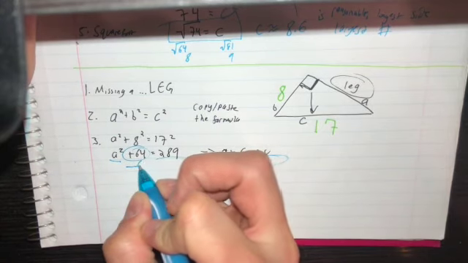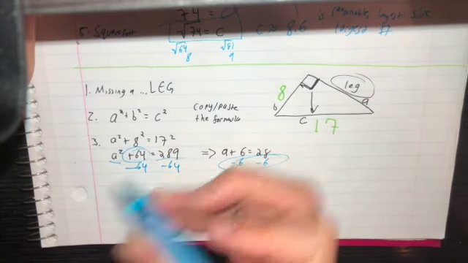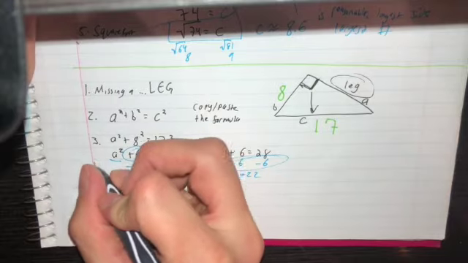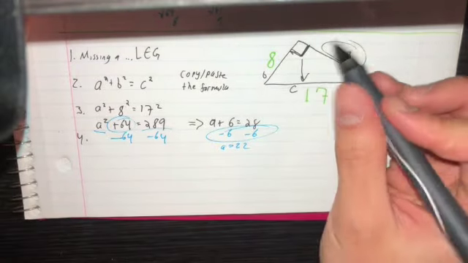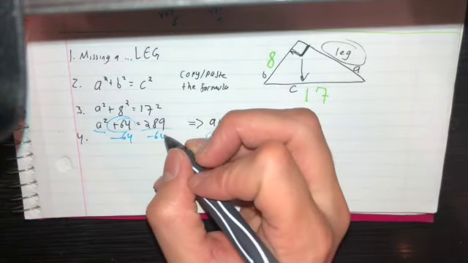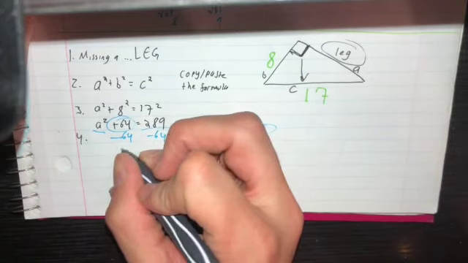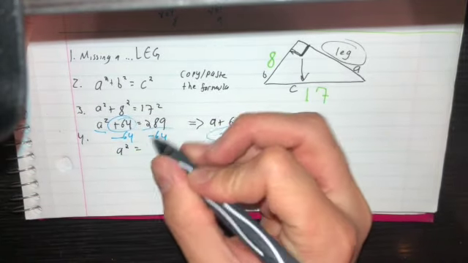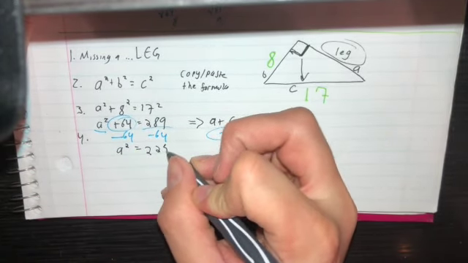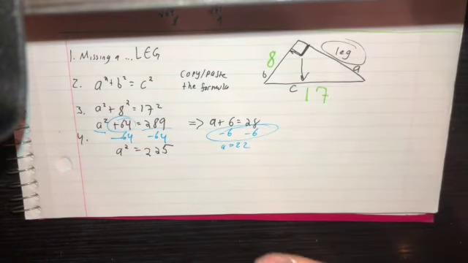So I'm going to subtract that 64. That's really the step 4 from above, my add/subtract step. Here's an example where I subtract, where I'm missing a leg. So 289 minus 64 gets me 225, and I think that's a perfect square, actually.